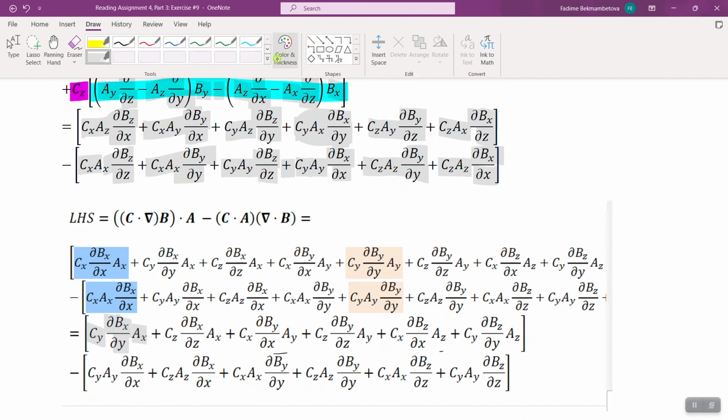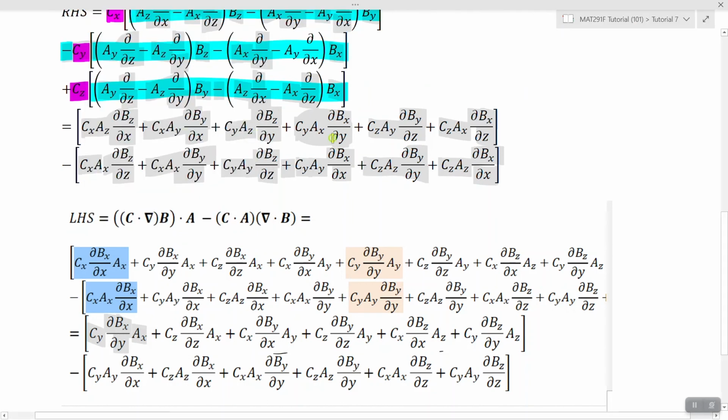Let me use another color, maybe yellow. This is that. Then we have cz, ax, partial z, bx. This is over here. cx, ay, partial x, by.